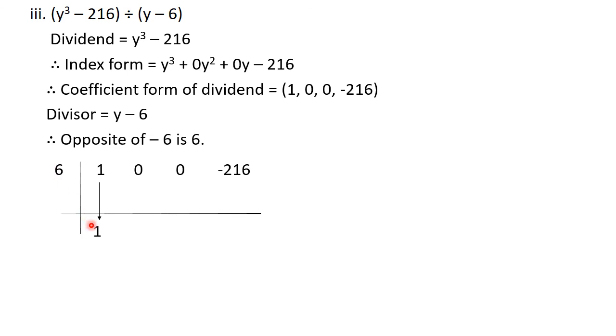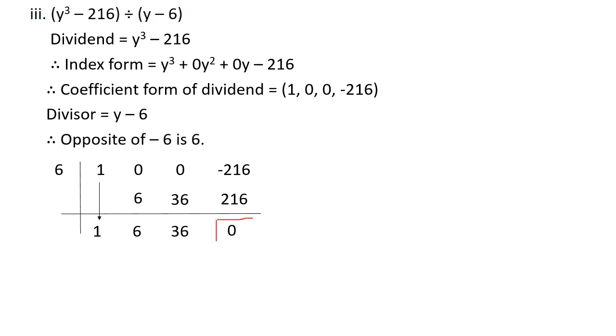See now 6 into 1, 6. Write down that answer here. 0 plus 6, 6. 6 6s are 36. 0 plus 36, 36. 6 into 36, 216. So see, minus 216 and plus 216, the answer is 0. The last number is our remainder.